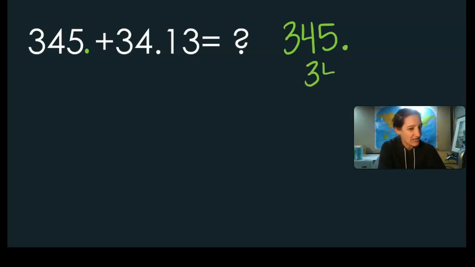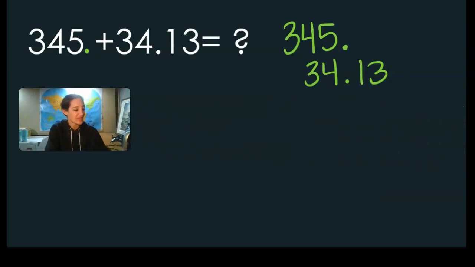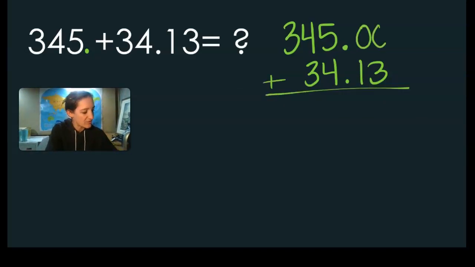And then I'll line it up with the other decimal. And now I can add that up. Now, I am totally okay with adding zeros, right? Because $345 is the same thing as $345 and 0 cents, correct?